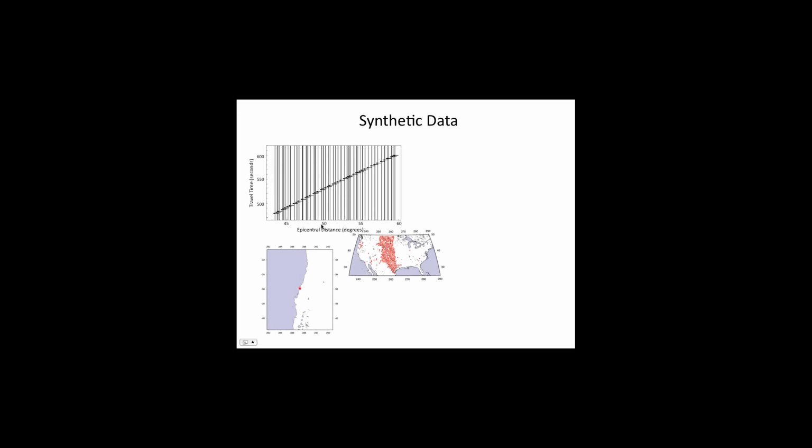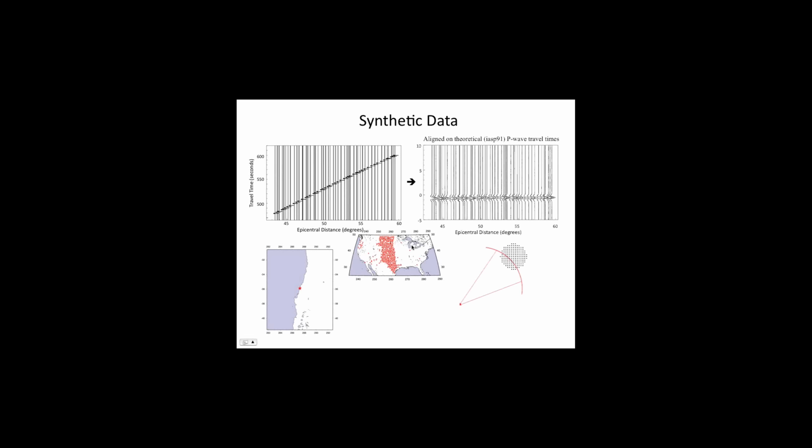Whenever I said before that we back project energy to the source, what that really means is that we calculate the theoretical travel times between this point and this group of stations, and then we time shift the seismograms recorded at those stations by that theoretical travel time. When you do that for this group of stations to this point, this is what you get.